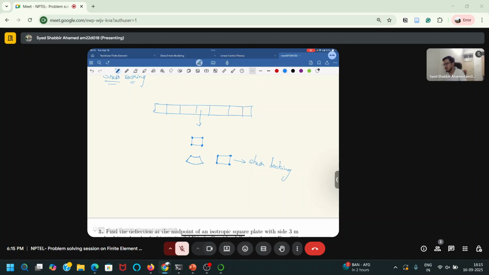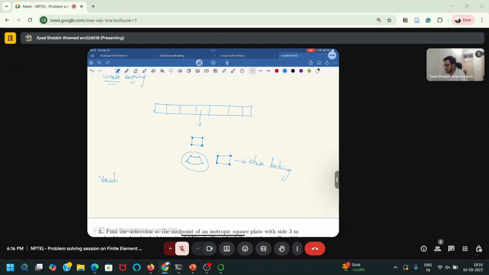But we are breaking some rules of the finite element method in order to get a solution, because we can't get a displacement like this using a four-noded element, but we can still somehow manage to get this using some tricks. So these tricks are known as variational crimes.